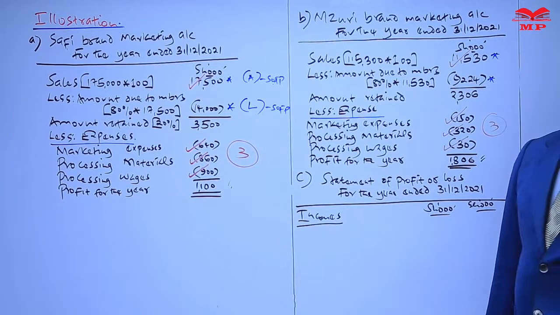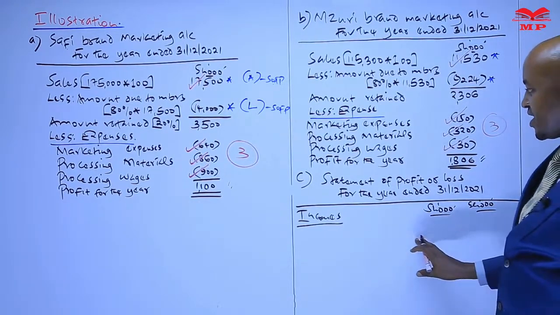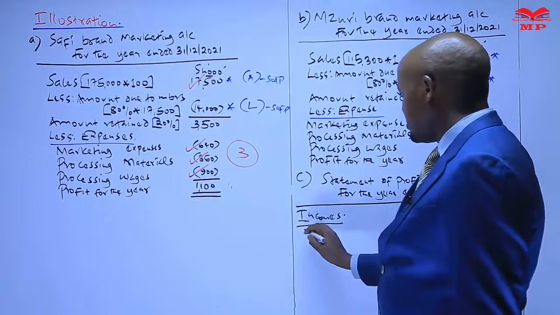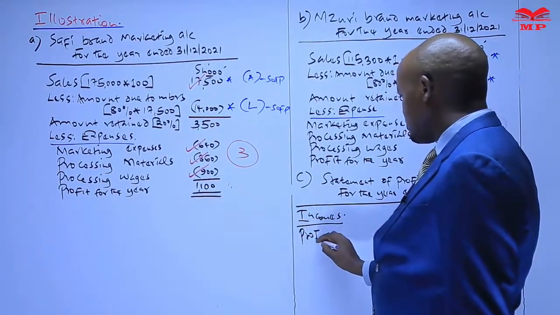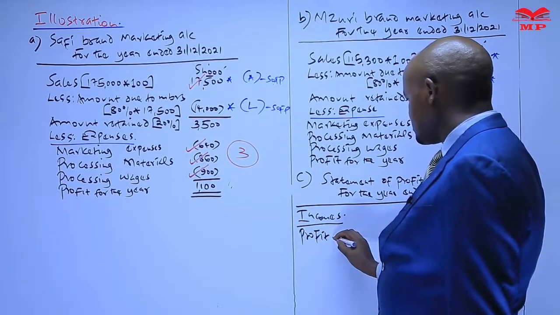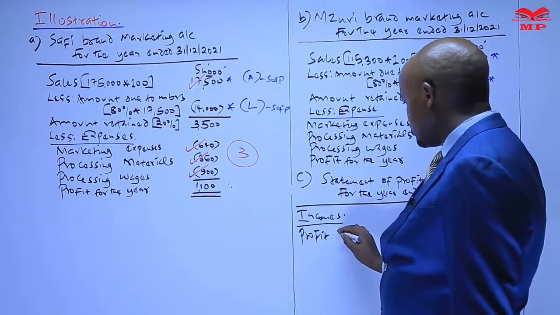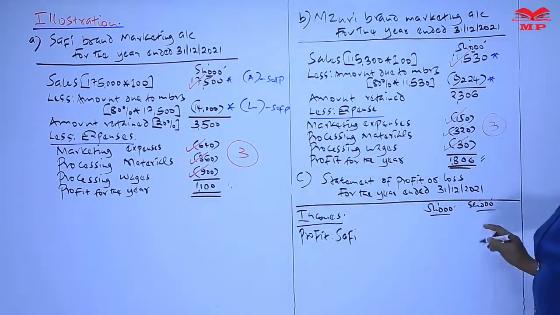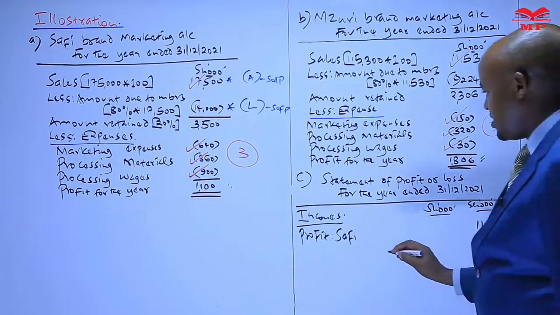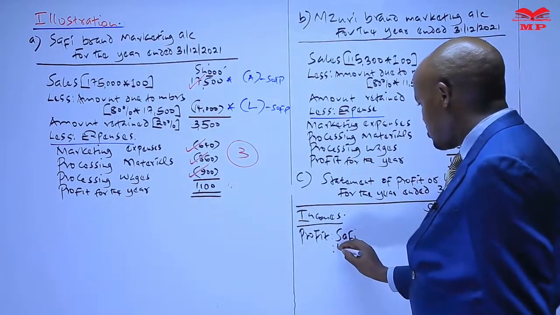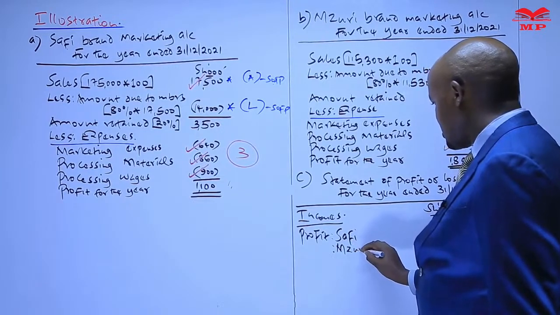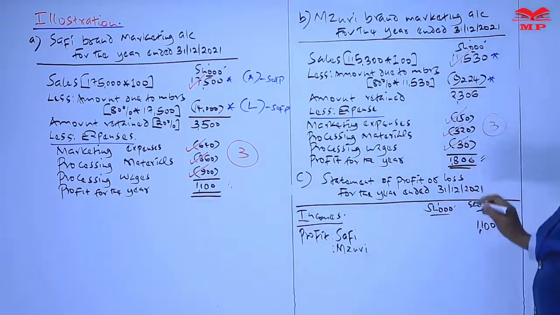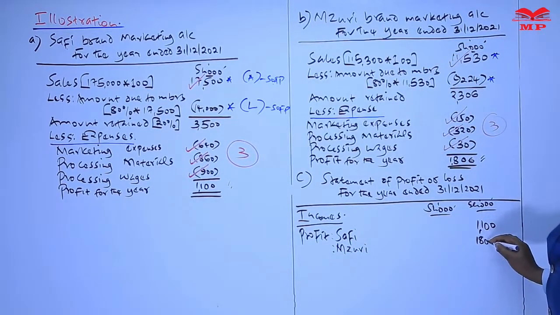So that is the first source of income to this cooperative society, and that is what we bring here. So profit from the 2 coffee brands: Safi, a figure of 1,100, and then we also have the profit from the other coffee brand, Muzuri, a figure of 1806.